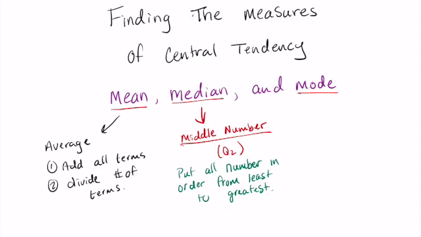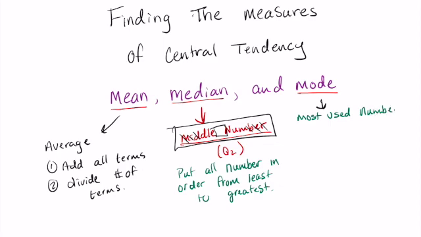Once I do that, I can find my middle number by simply crossing off each side until I wind up with whatever number is in the middle. And we'll see that in the upcoming examples as well. And finally, our mode. This is our most used number. So it's whatever number occurs the most within our data set.